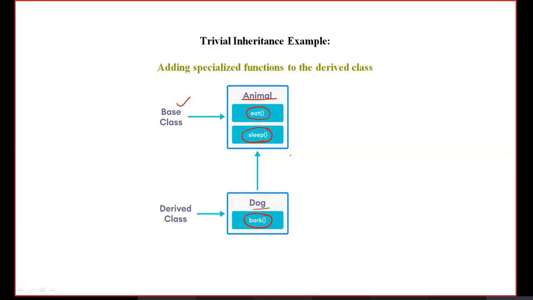Understood? That is the reason why we are creating a new class. Otherwise, if there was no different data member, if there was no different function, why would we have created a new class? Understood? So that is the reason for creating a separate class. But at the same time, we don't want the data to be redundant.